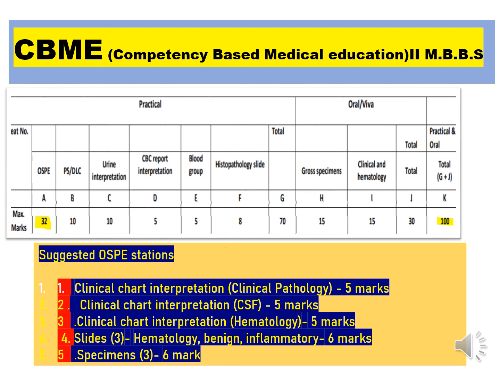This is for spot. In addition, there would be a histopathology slide as a separate table work. And then there would be specimens for 6 marks, in which the instruments or tubes may be kept.